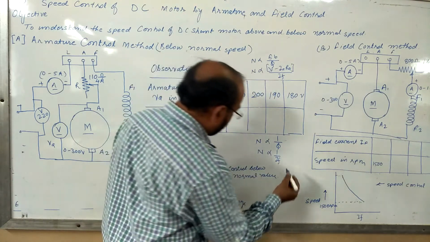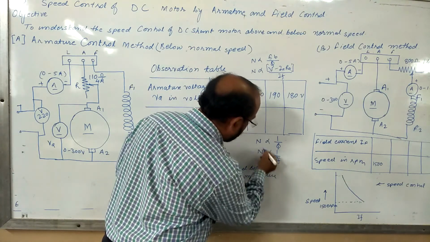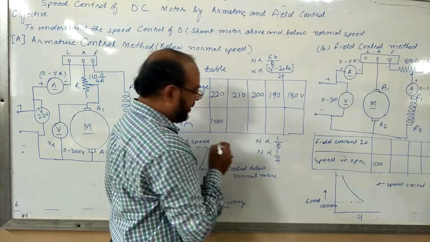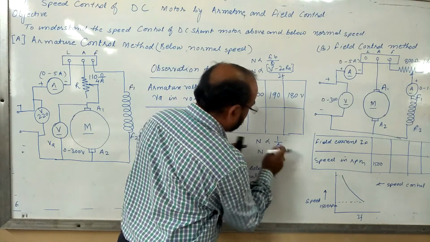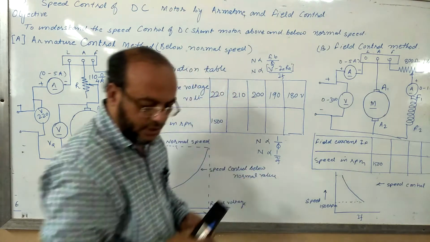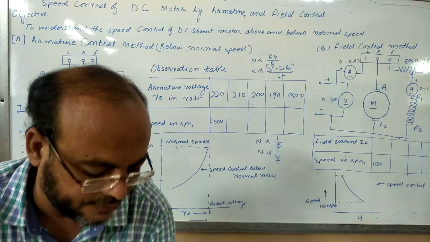The meaning is that if you decrease the field current, the speed will definitely increase, isn't it? So at rated voltage, if you insert some external resistance in series with the field circuit, we are able to obtain a speed above the normal value.